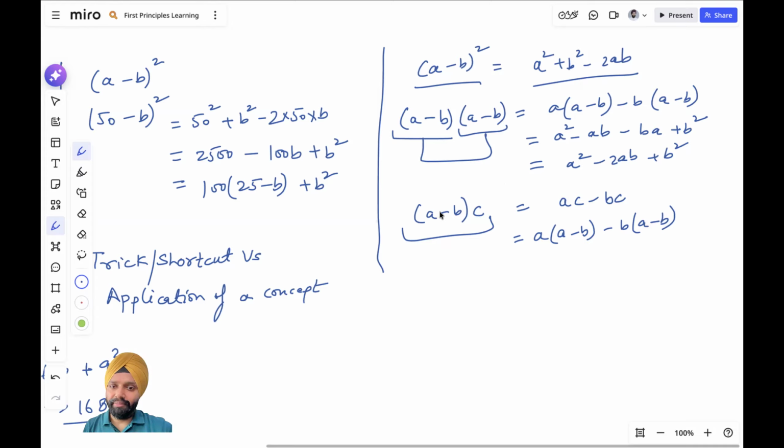And again, you can even ask this question, why is (a minus b) into c equal to this? And you can take examples to see what could be alternatives. Why does it make sense? Okay, can it be some other alternative which is possible? And you will realize that no, this is the only thing that makes sense.